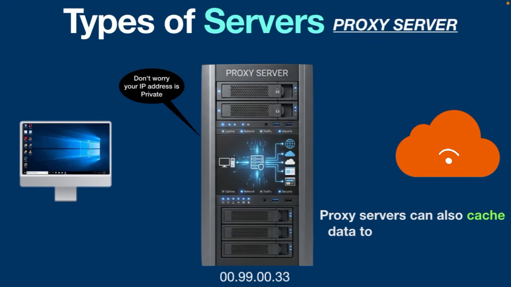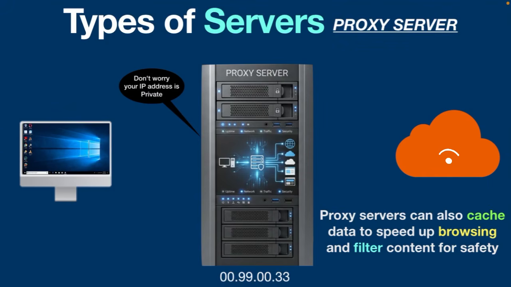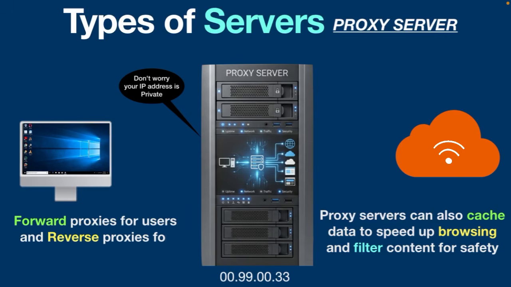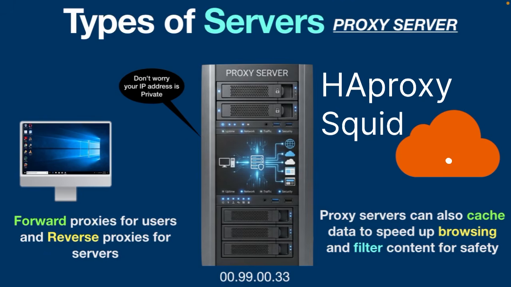Proxy servers can also cache data to speed up browsing and filter content for safety. Common types include forward proxies for users and reverse proxies for servers, and they are widely used in businesses, schools, and networks to monitor and manage internet traffic. Squid and HAProxy are well-known proxy servers.